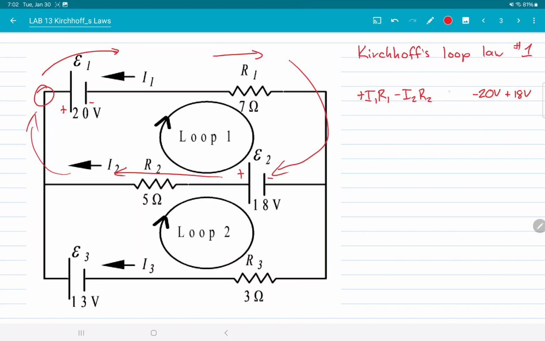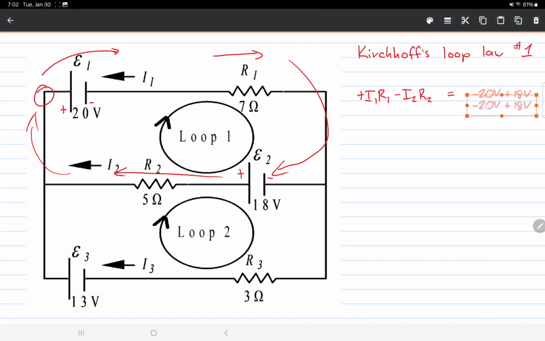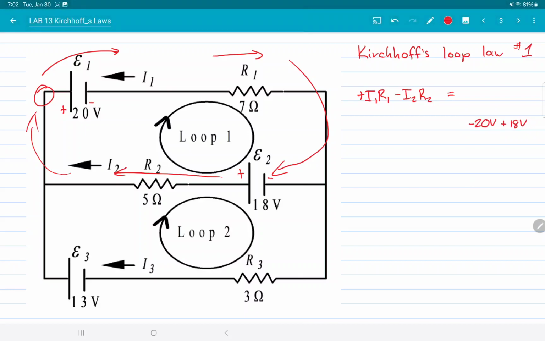Now, I could go through and actually plug in some numbers. I actually know what R1 and R2 have for values, just as I probably should have treated this as minus epsilon 1 and plus epsilon 2.